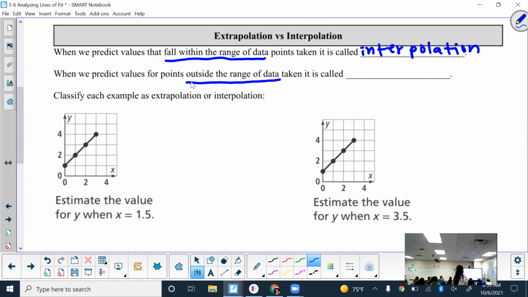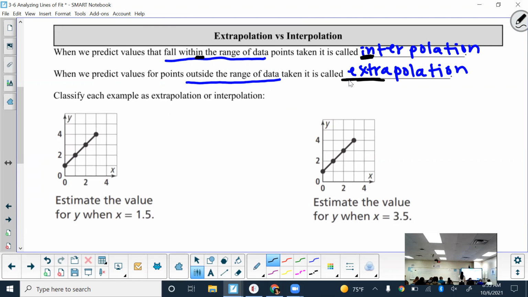If it falls outside the range of data, that's extrapolation. All right, and the way I think about it, it's within the range or inside the range is interpolation. If it's outside the range or extra of the range, then it's extrapolation.